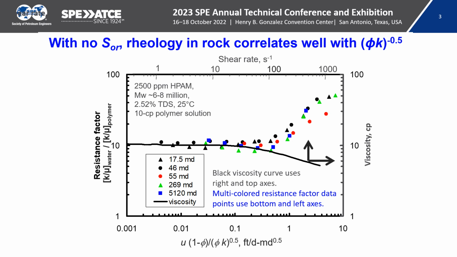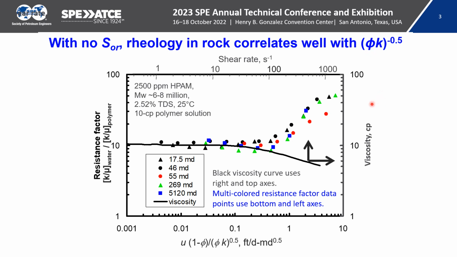For a long time, we've known that if there's no oil present in the porous rock, then the rheology of polymer solutions in porous media correlates very well with 1 over the square root of permeability times porosity.